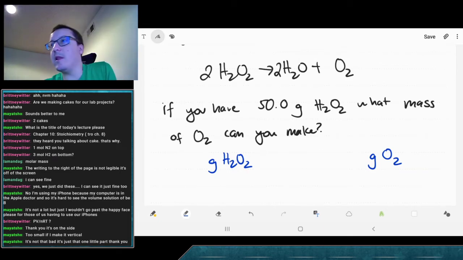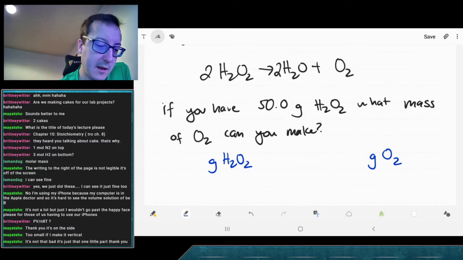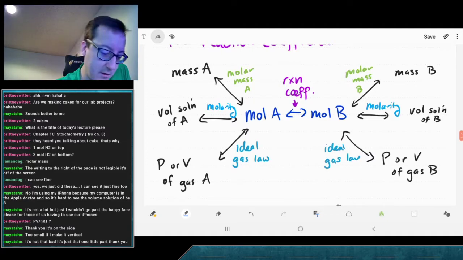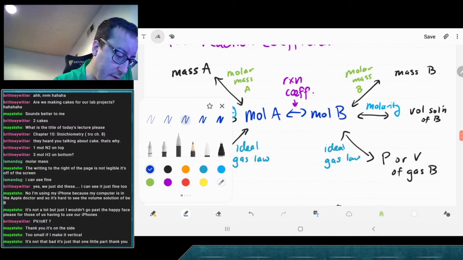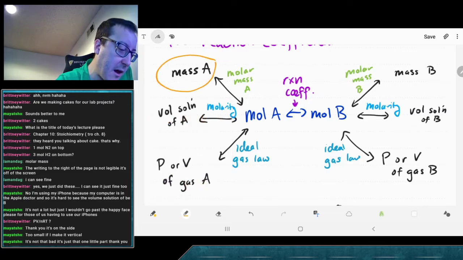How are we going to plan this one out? Well, let's go ahead and look back up at our chart here. What's the pathway we're going to be doing? Back to orange, we have mass of A, right?